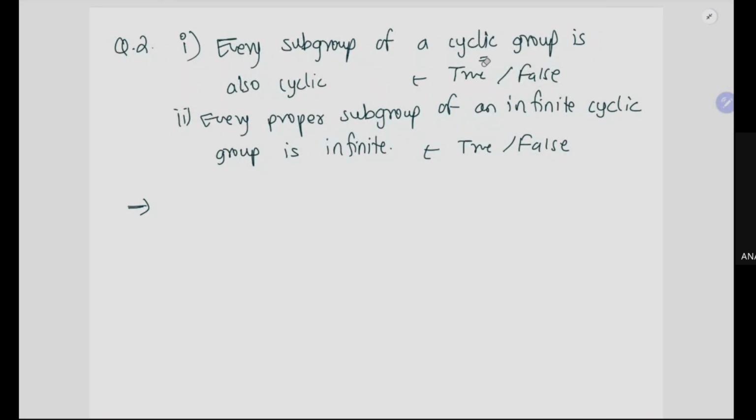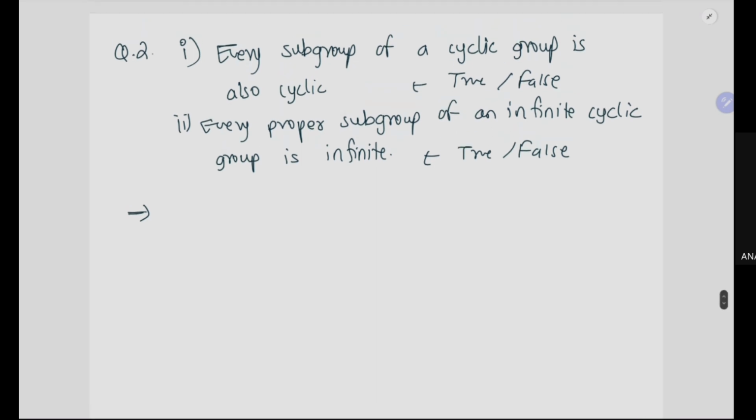So someone said that every subgroup of a cyclic group is cyclic, which is true. Can somebody say why this is true?